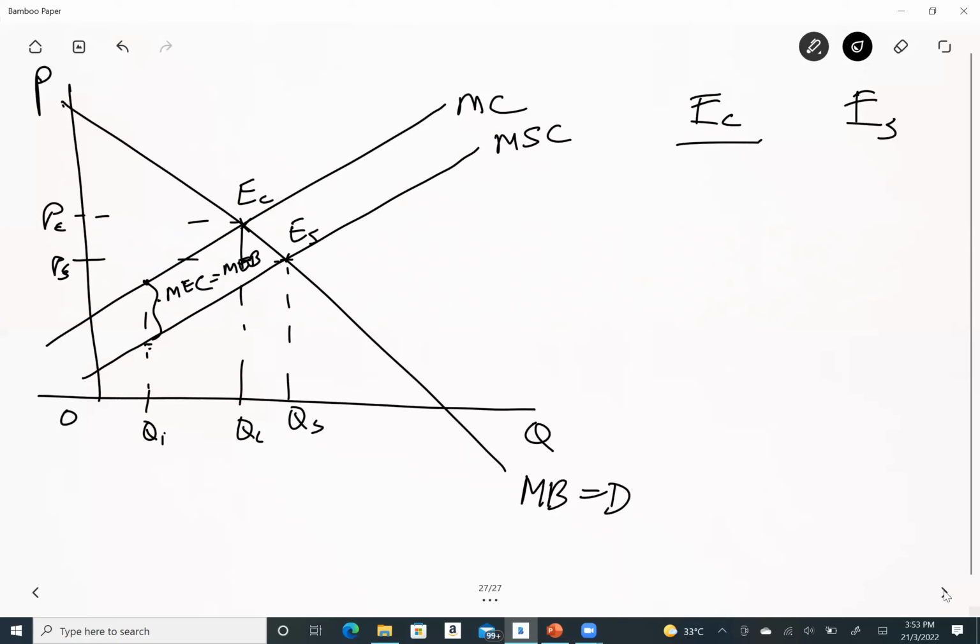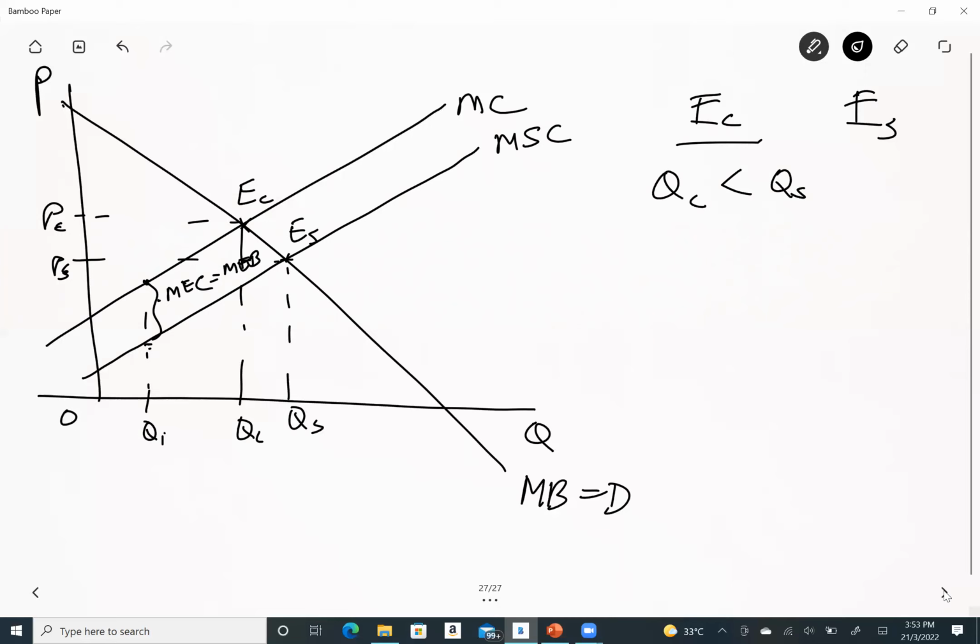All right, what happened? What can you say about the QS and QC? QC is lower than QS. So you see here, QC is less than QS, or you can say QS bigger than QC.